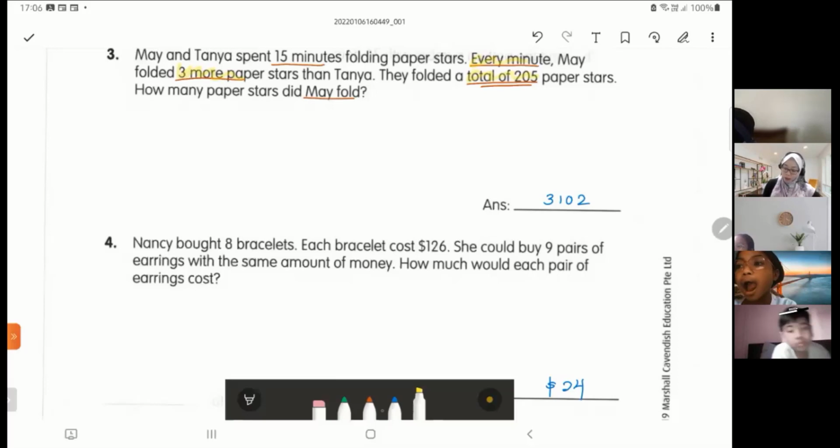So what we're going to do is find the number of paper stars that May folded extra, the more. How many more?